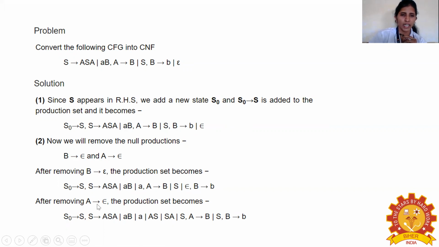After removing A to epsilon, the production set becomes S naught to S, S to ASA, AB, A. Substituting epsilon for A, we get AS, then substituting epsilon for the other A we get SA, and for both A's we get only S. This is another production rule. And A to B or S, with epsilon removed, and B to B.